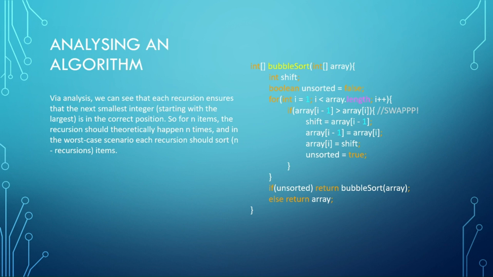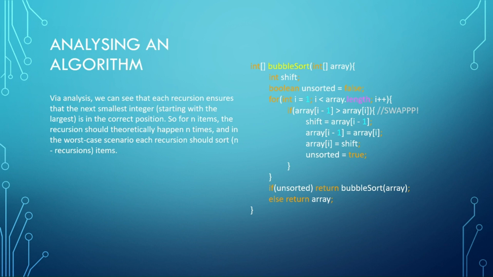So we can see that each recursion ensures that the next largest integer is in the correct position, because if we're going through the array from, let's say, left to right, then of course when we find what should be the largest integer, it will continue being shifted until it reaches the end.